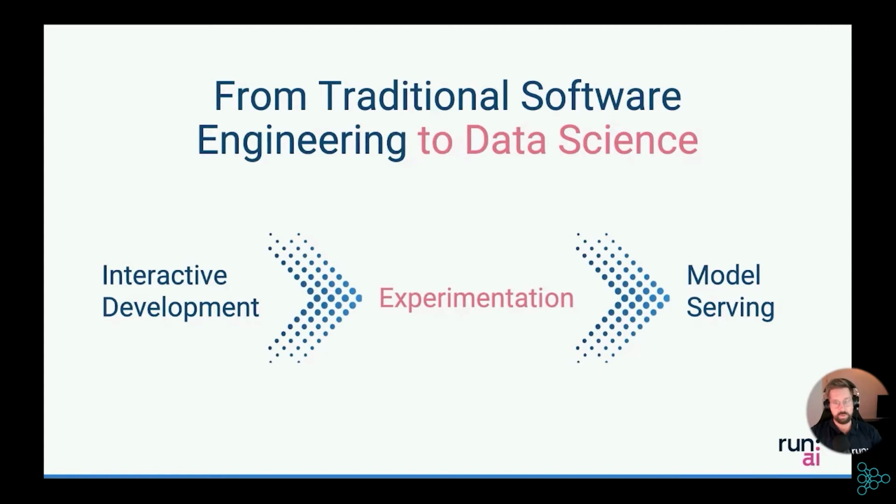Then, as soon as we've built the model, it goes into training. Really the experimentation phase. And this is the phase where it requires a lot of compute power. And as soon as that is done, the models are trained, we're taking them into production, or model serving, or inference, as we call it as well. And what this has done is it really changed the way we look at compute, and it introduced new types of resources, GPUs.